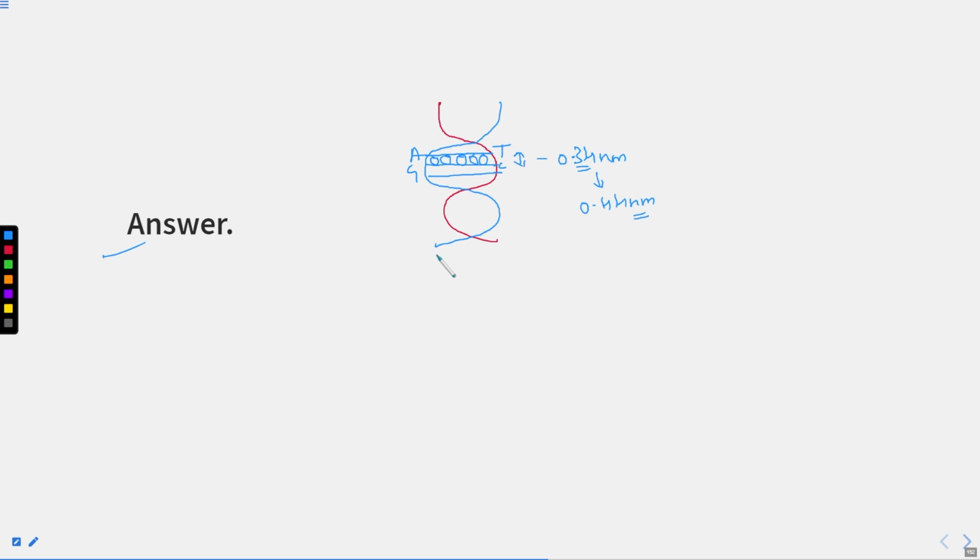The formula is: if we have to calculate the length of the DNA, it is the number of base pairs present into the distance between two consecutive base pairs.